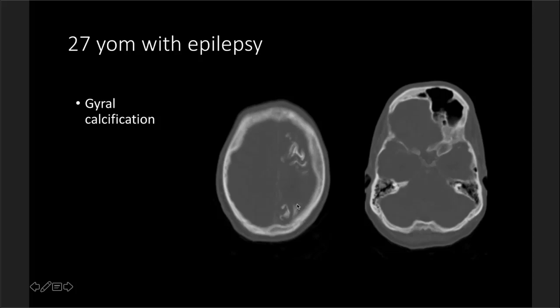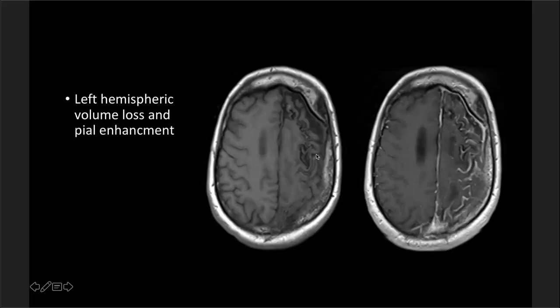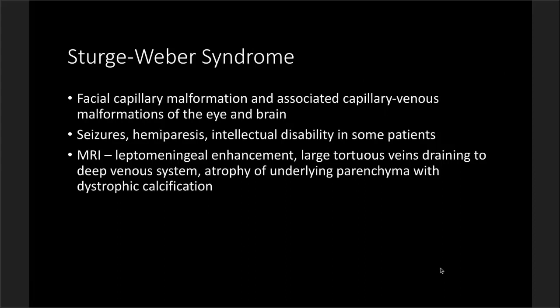And when we look on the MRI, we have T1 pre-contrast and post-contrast. We can see that there's volume loss in the cerebral hemisphere compared to the normal right cerebral hemisphere, and there's extensive leptomeningeal pial enhancement here. So this is classic for Sturge-Weber syndrome, which is facial capillary malformation and associated capillary venous malformations of the eye and brain.